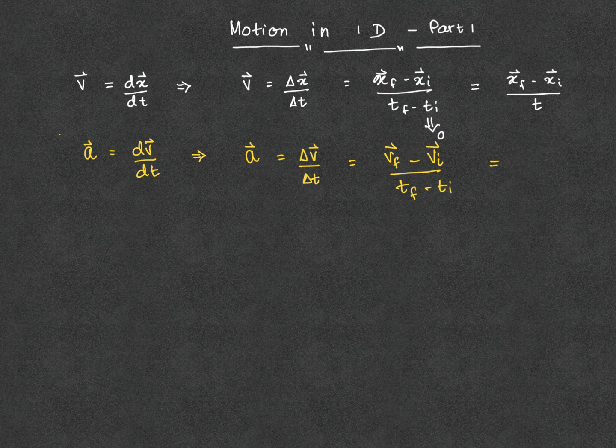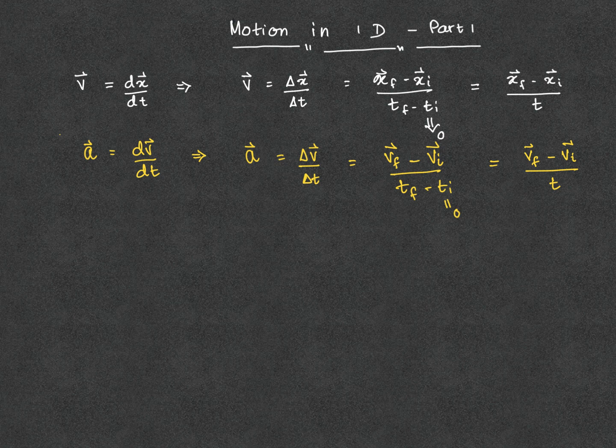And once again we can take the initial time to be 0. Then you get v final minus v initial over time. Now, I know that we haven't discussed the vector chapter yet, but the velocity and displacement are vectors. That is why you see these arrows on top of each of these symbols.